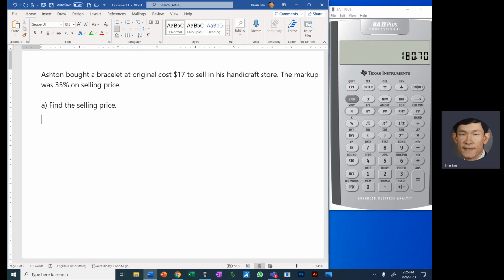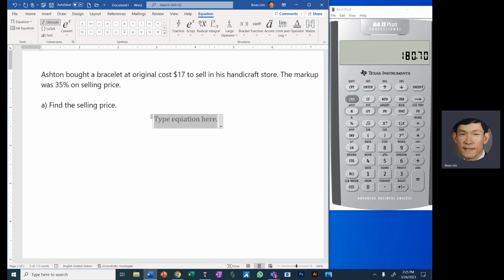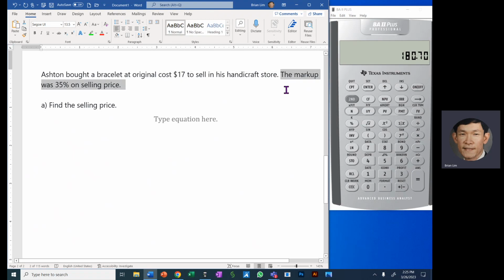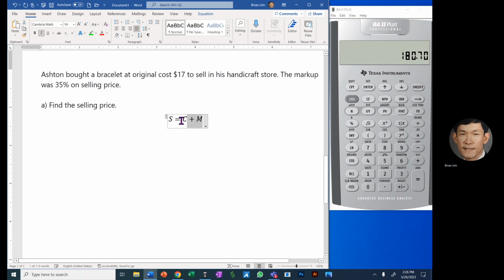All right, so let us set it up. We have a cost and we have a markup, right? On selling price, and we want to find the selling price. So we can use the formula S is equal to cost plus the markup, because those are the only two bits of data that are given, the cost and the markup, right?